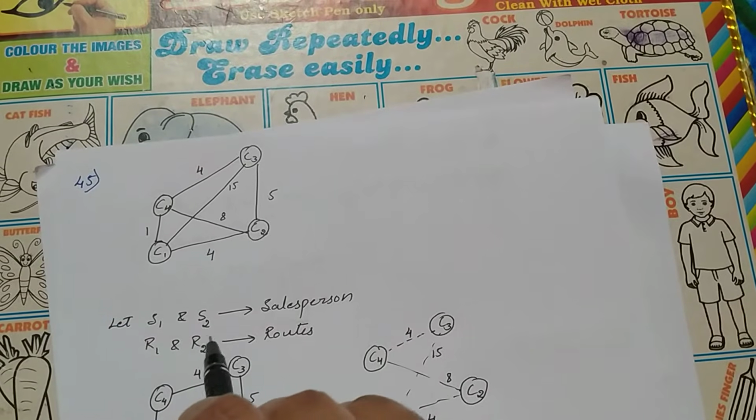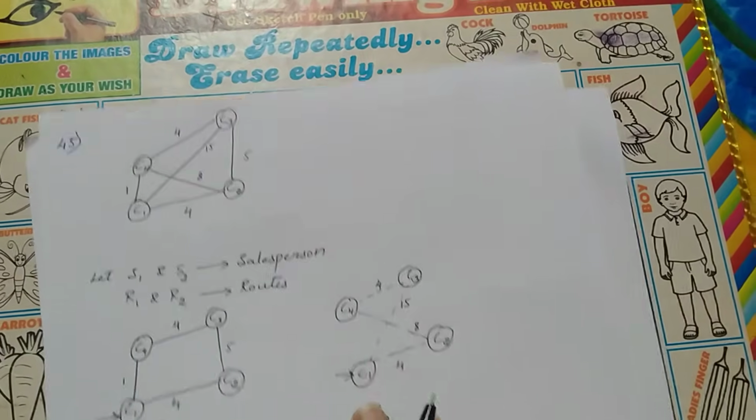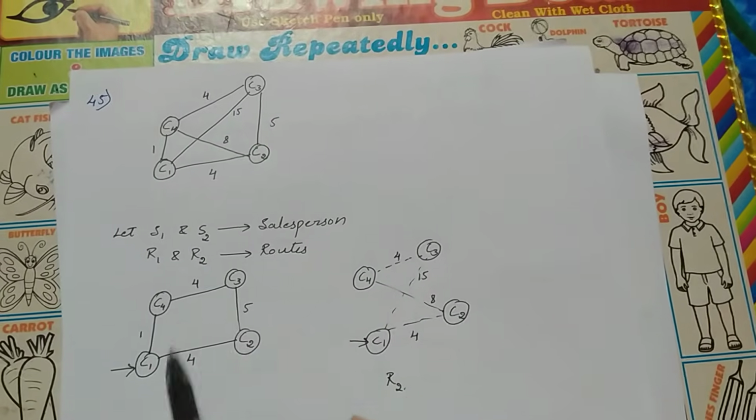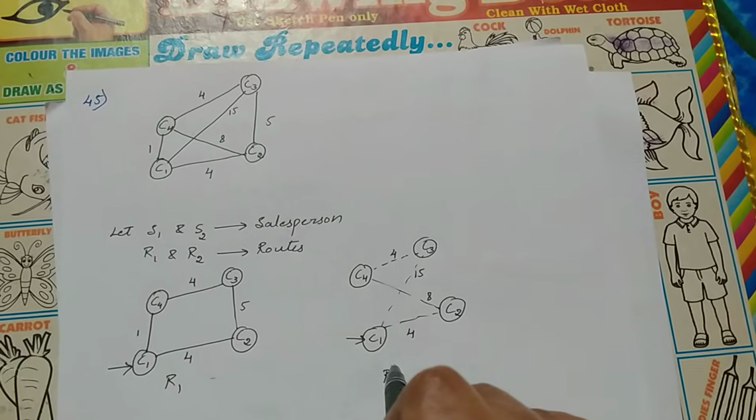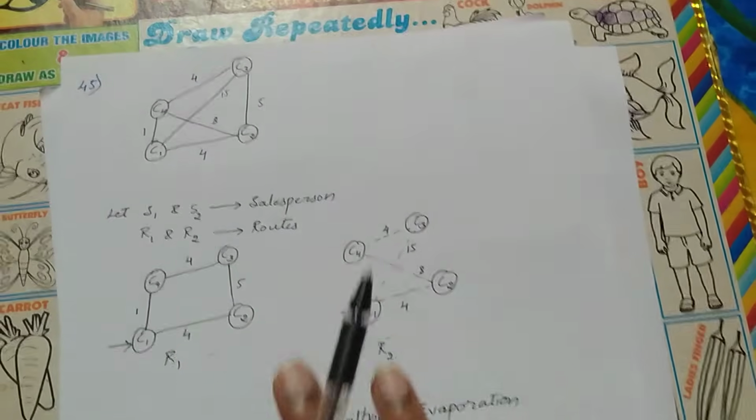So let R1 and R2 be the routes or paths. If I plot it, this will be the R1 path and this will be the R2 path.